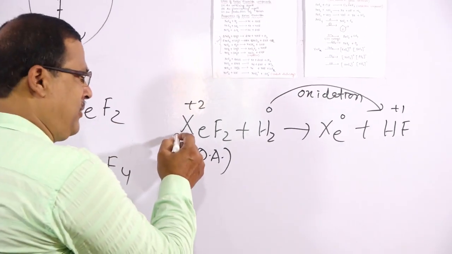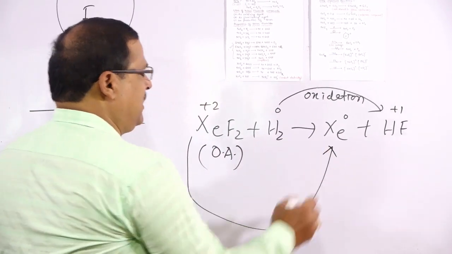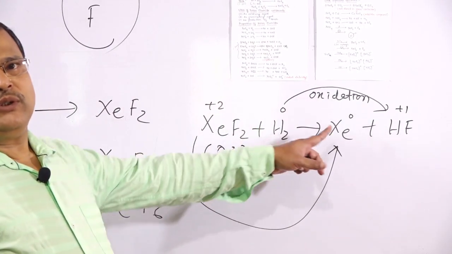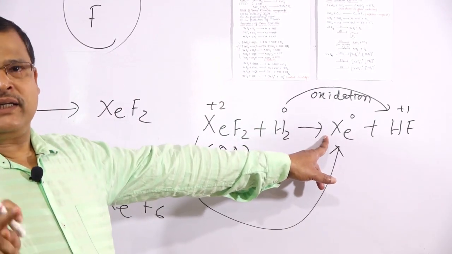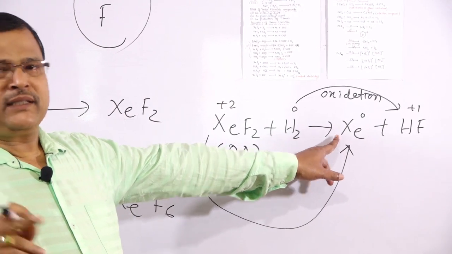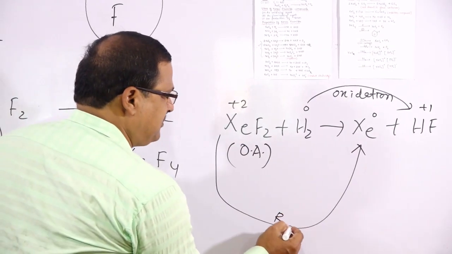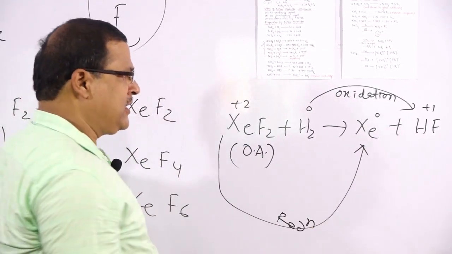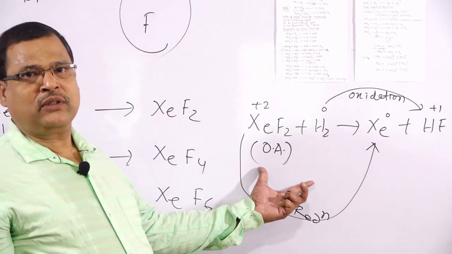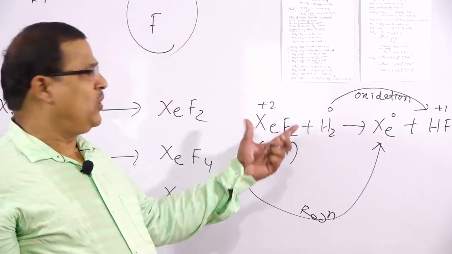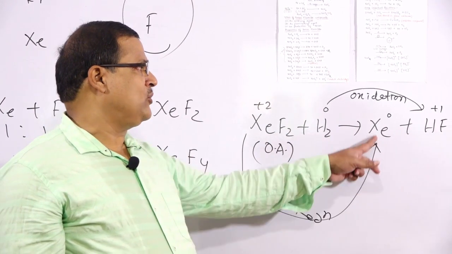So the oxidation number of xenon changes from +2 to 0, a decrease in oxidation number, which means it is reduction. Which agent is reduced? The oxidizing agent. So the oxidizing agent is reduced.